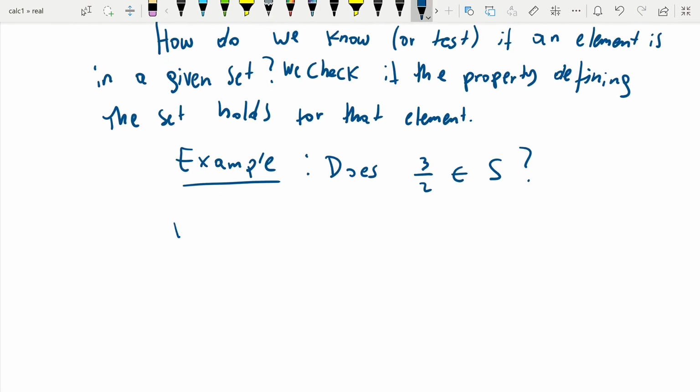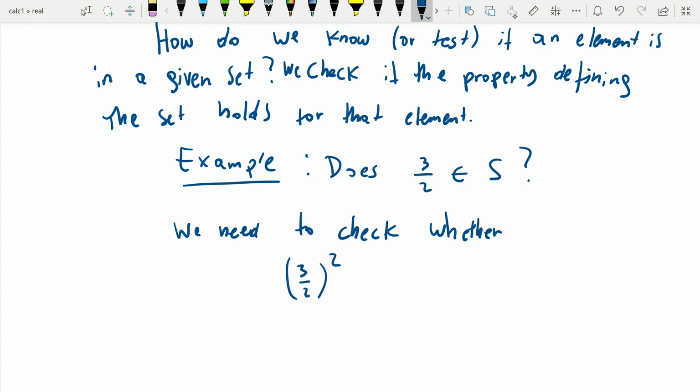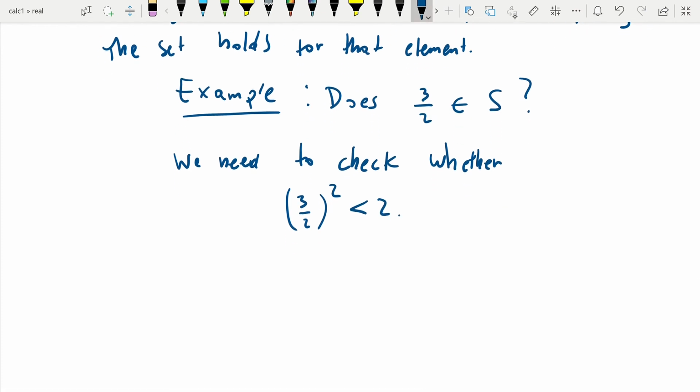We need to check whether 3/2 squared is less than 2. 3/2 squared is the same as 9/4.